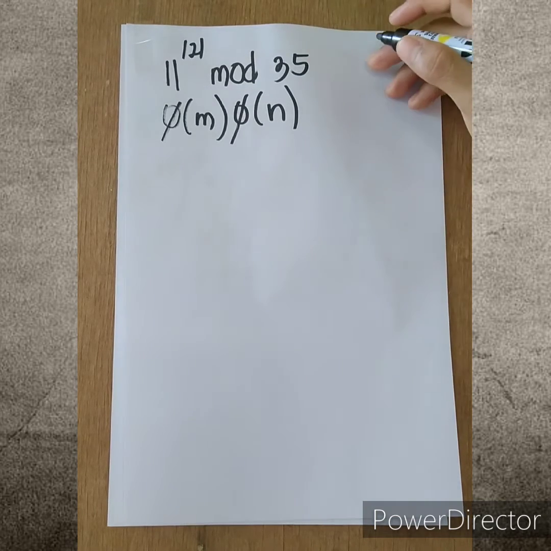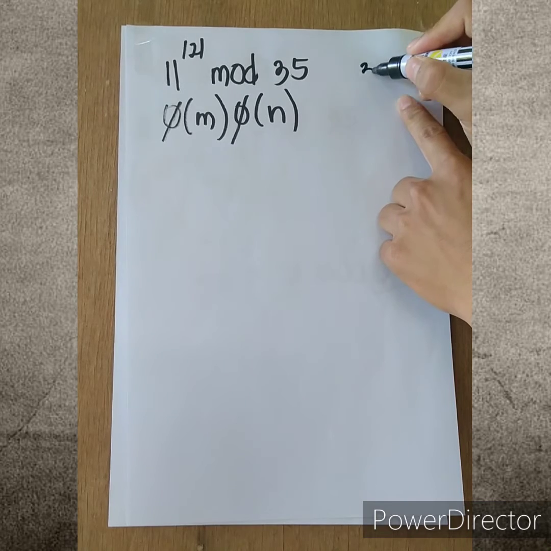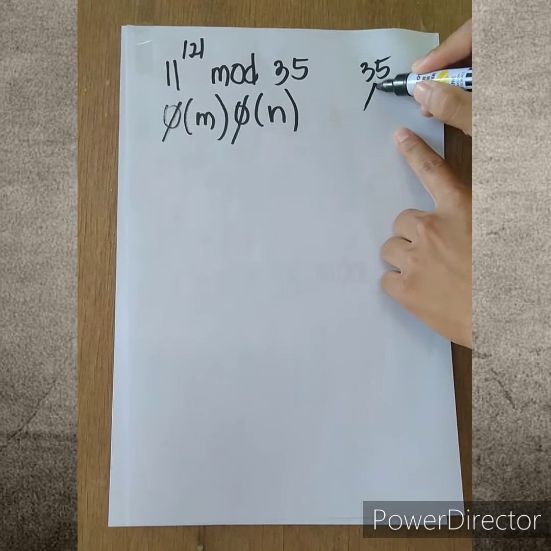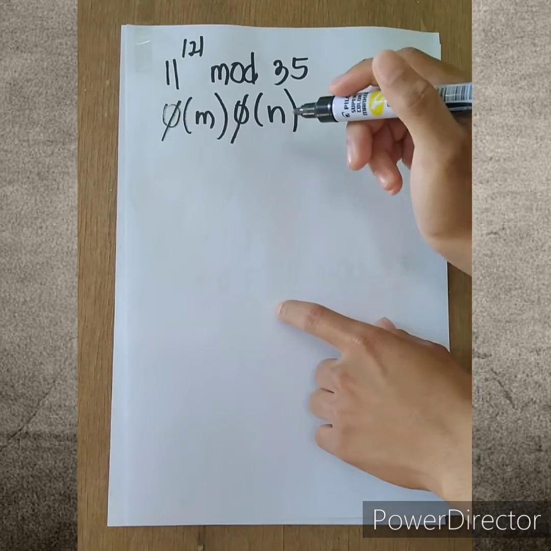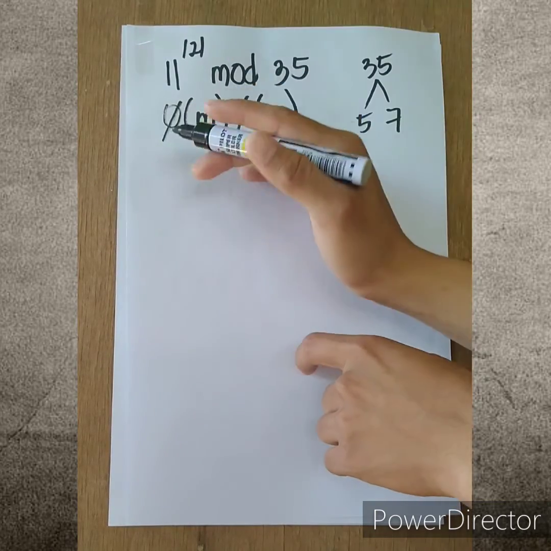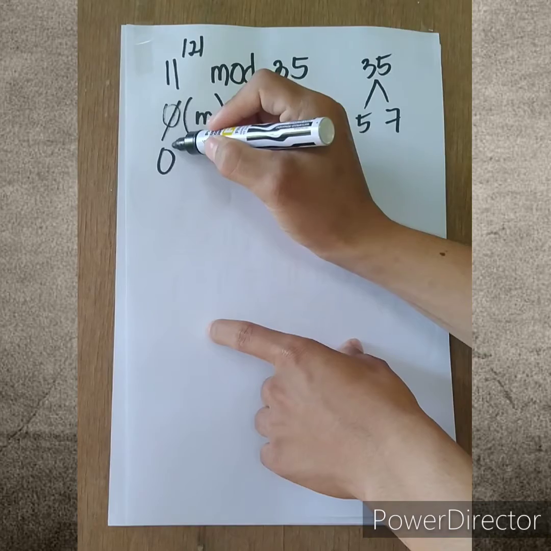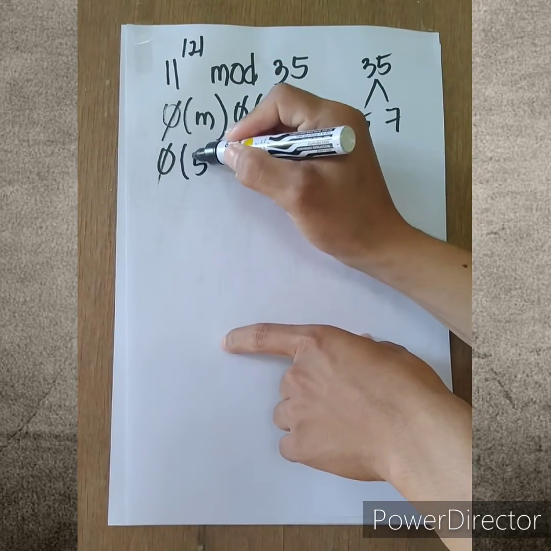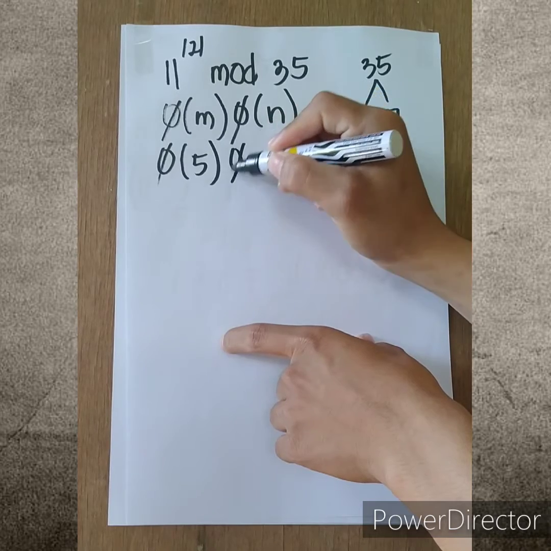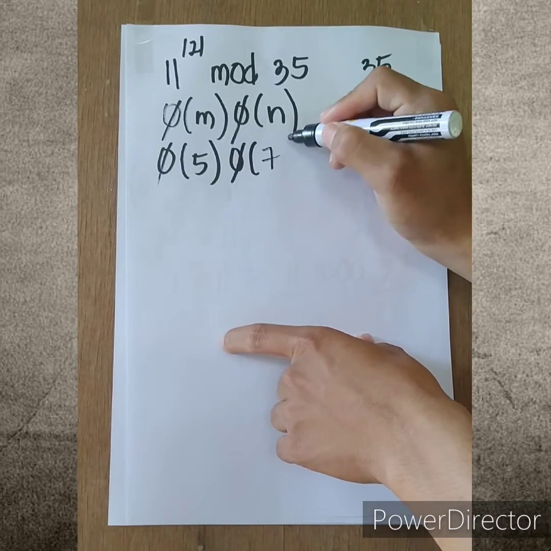Our divisor here is 35. So what are the prime factors of 35? 5 and 7. So substitute the given values: φ(5) times φ(7).